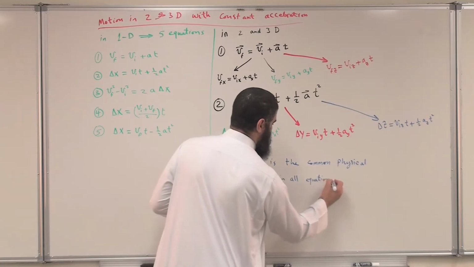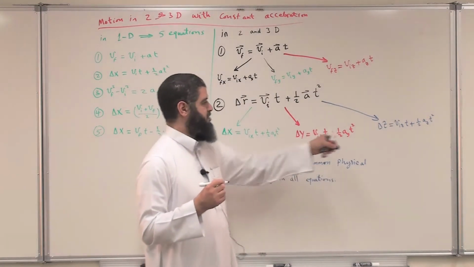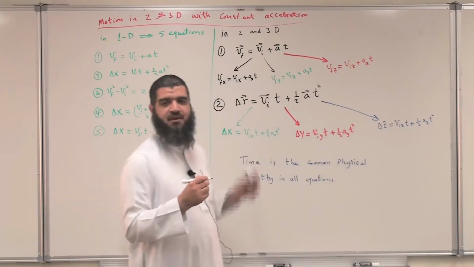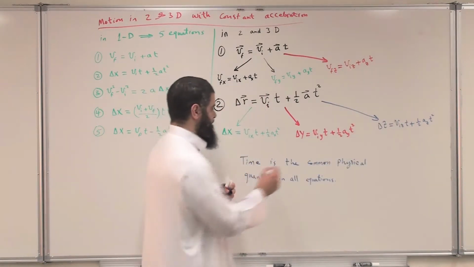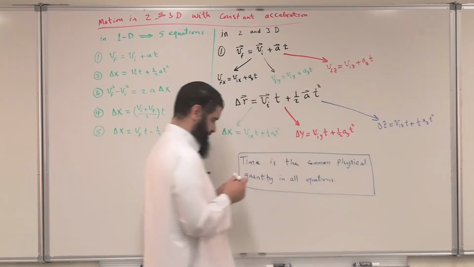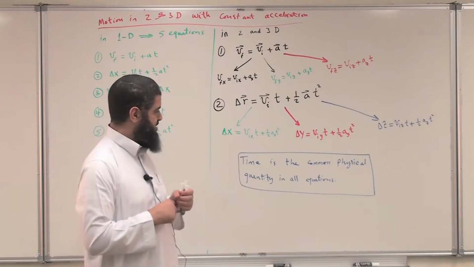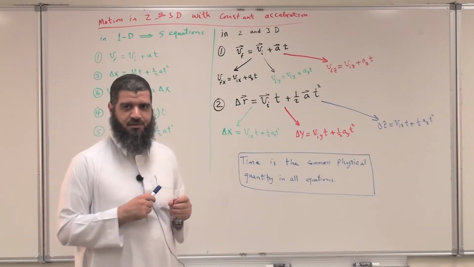If you are talking about the x component, the y component, or the z component, the time is common in all three components of the equations. This will be clear in the example when we solve an example shortly, inshallah.